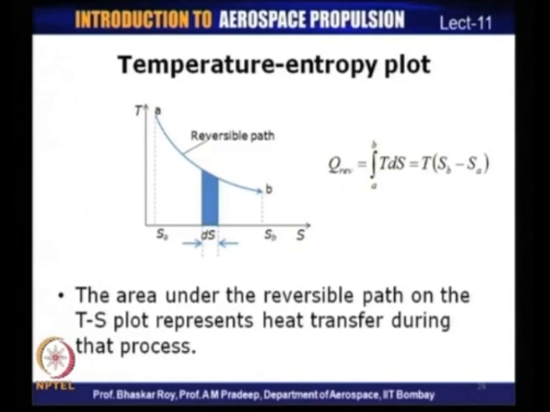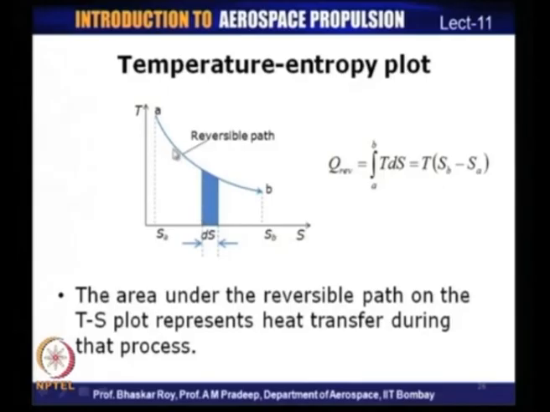So, if we also look at, let us say, a differential area as is shown here as dS, and this is a reversible path between states A and B, the entropy at state A is S_A, and the entropy at state B is S_B.